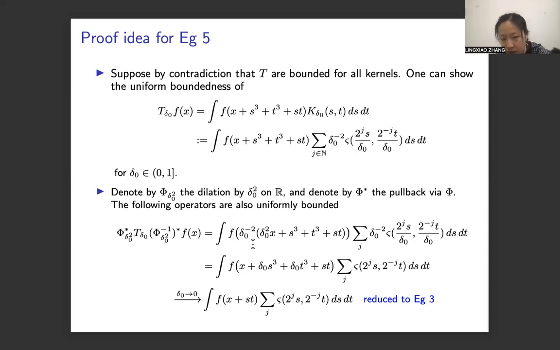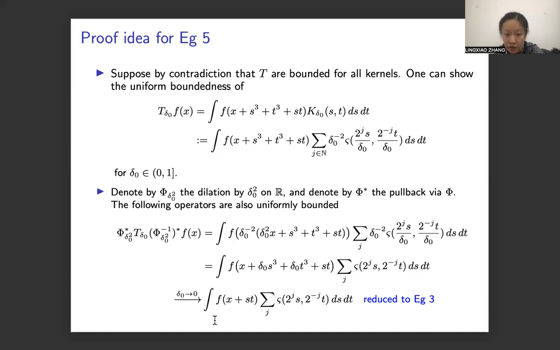So F is dilated by delta naught to the -2, and X is dilated by delta naught squared. And this is our kernel just chosen. Now, by a change of variable, we let s over delta naught be the new s, and t over delta naught be the new t. And then simplifying things, the operator becomes this. So now let delta naught go to 0.